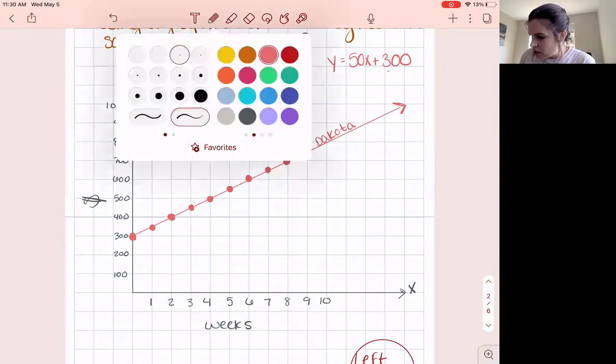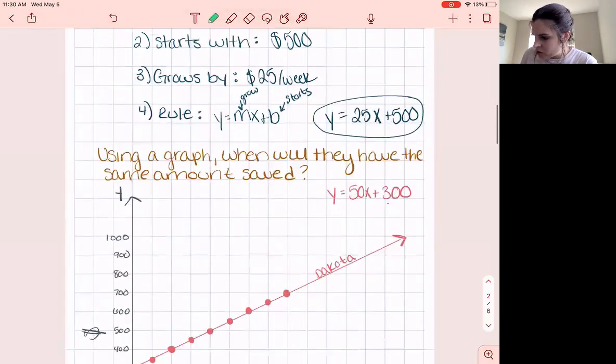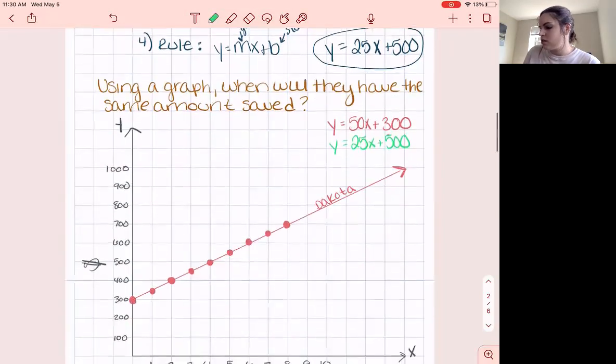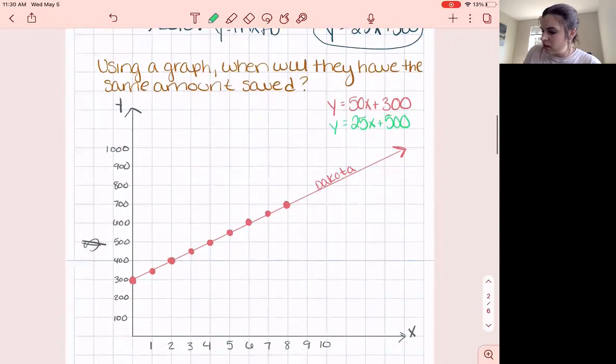Let's find Murphy's now. So I'm going to use a different color for him. His rule was y equals 25x plus 500. So starting with the starts with, he starts with 500. So our first dot goes up on that 500. This one's a little trickier.